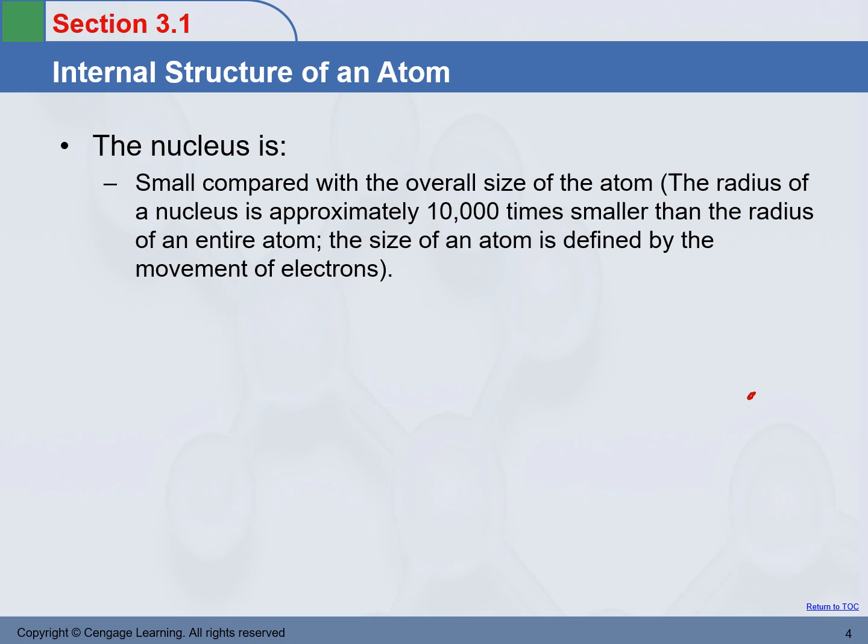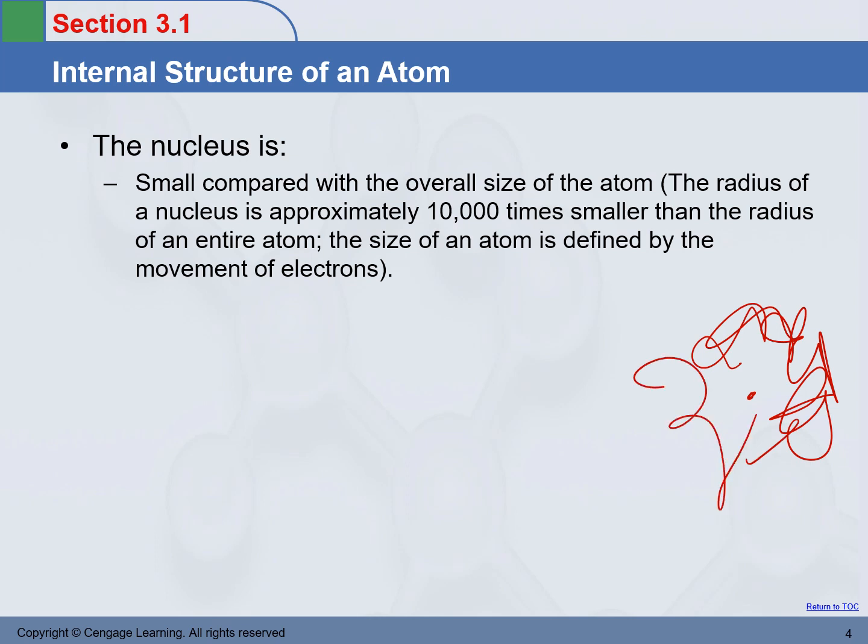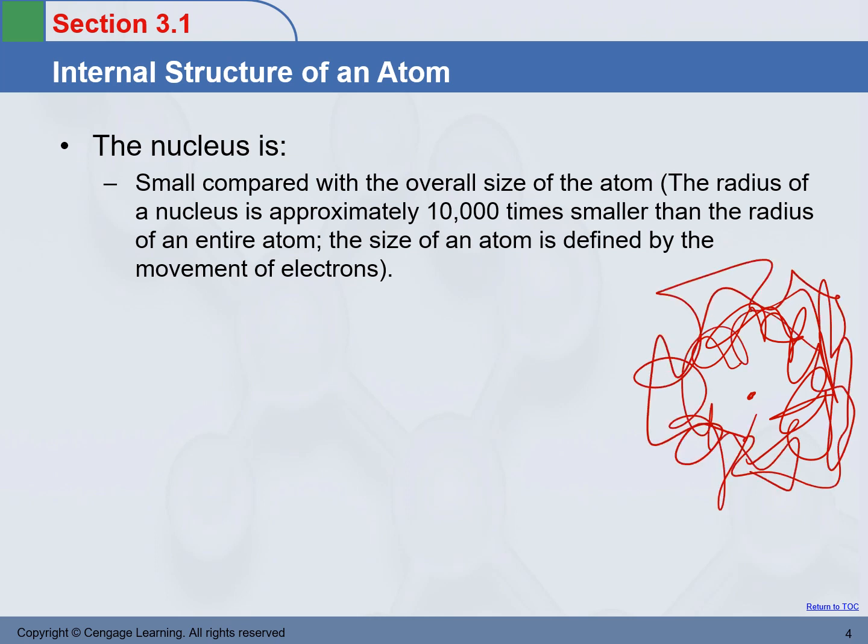I'm going to try to draw a model of an atom based on this statement so far. I'm hesitating a little bit on how to draw the electrons. All right, this is what I'm going to do. This is a model of an atom I'm drawing.